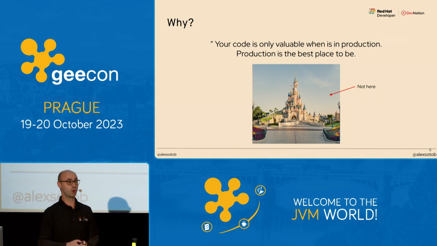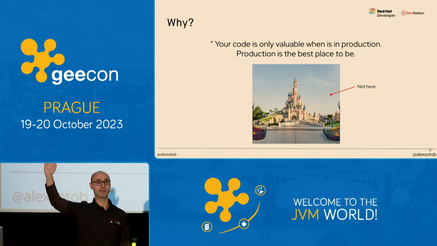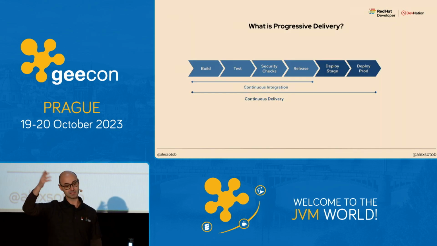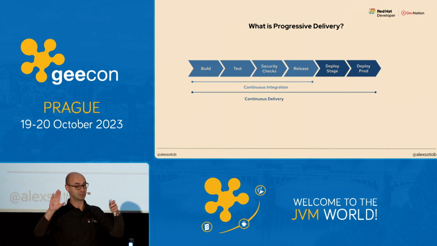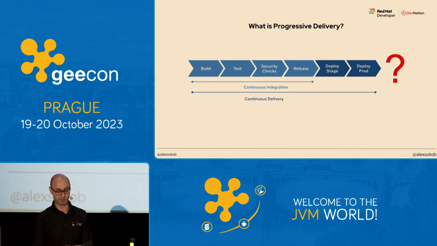I would like to ask you, who is under 40? Okay, now please don't be scared, because in the past we had all this pipeline with continuous integration and continuous delivery, and then we did all these steps that probably most of you already know or are already practicing, and then it's time to deploy and release to production.